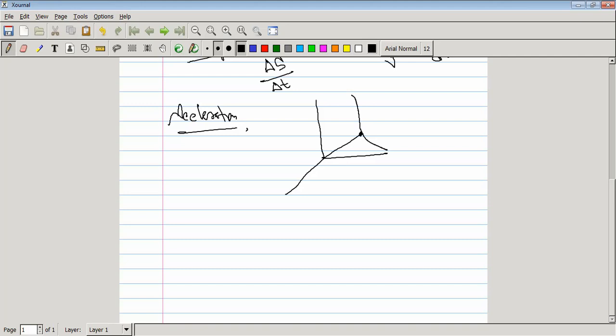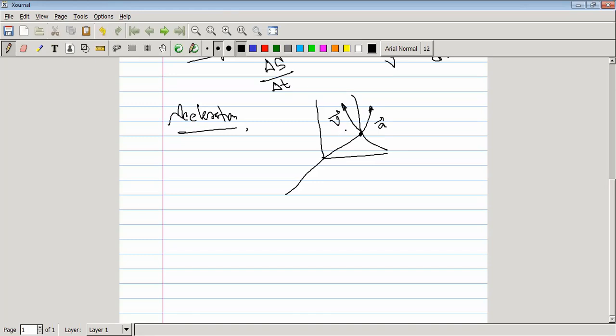So always remember your velocity is always tangent to that curve, and the acceleration is always perpendicular to the trajectory. So always remember that the velocity is the tangent of that path and acceleration is perpendicular to that one.